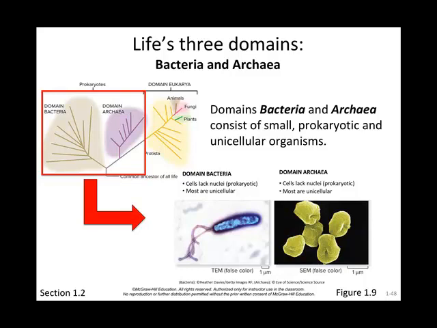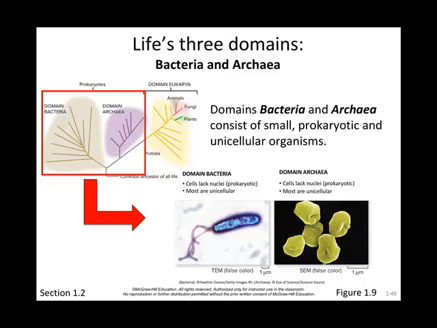Organisms in the bacteria and archaea domain are also prokaryotic, which means that these organisms do not have a membrane-bound nucleus that surrounds the DNA. These species have DNA that are just in the cytoplasm of the cell without a nucleus.